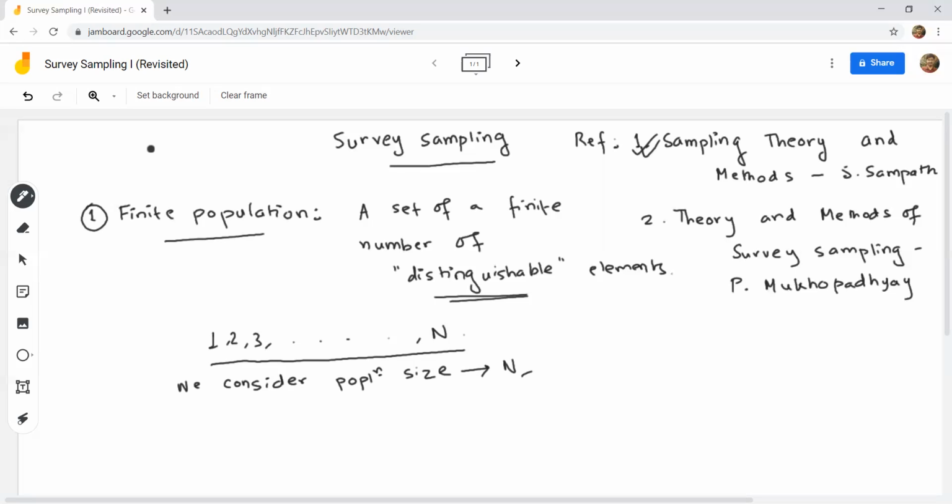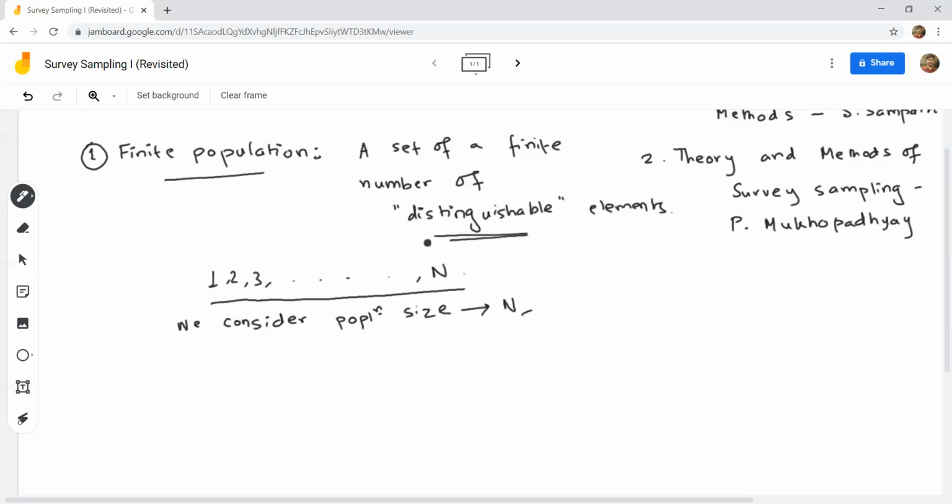Fine. Now, why do we do survey sampling? What is the motive behind survey sampling? You are interested in studying a particular characteristic of the population. Suppose you are interested in studying the height of a certain set of individuals in a particular region.